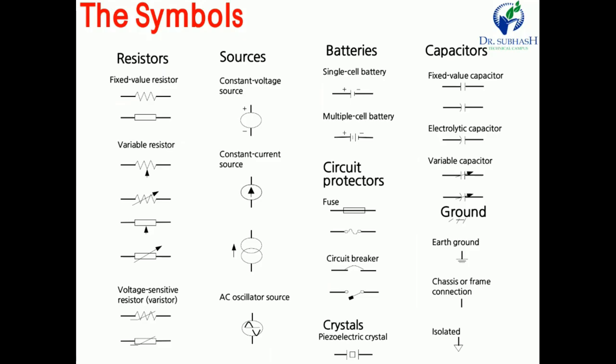Friends, you have to take a screenshot and draw all these symbols in your notebook, so you can easily identify and remember the symbols. Symbols are most important because whenever you want to design any circuit, you have to draw these symbols for the circuit design. These are all batteries. If our battery is a single cell, then you have to remember the first symbol. If multiple battery cells, then you have to remember the second symbol of the circuit. Then these are all protection.